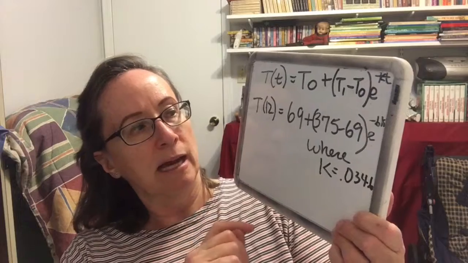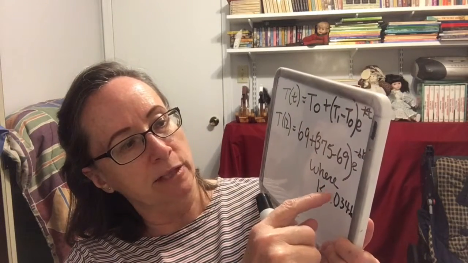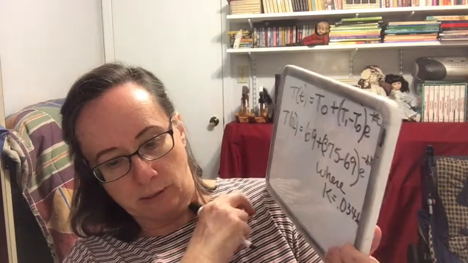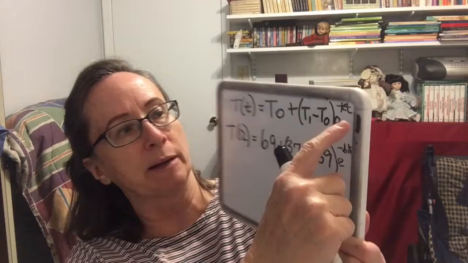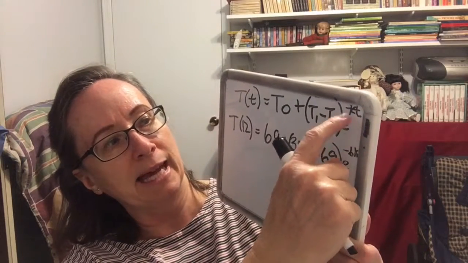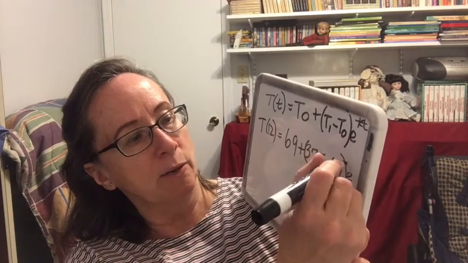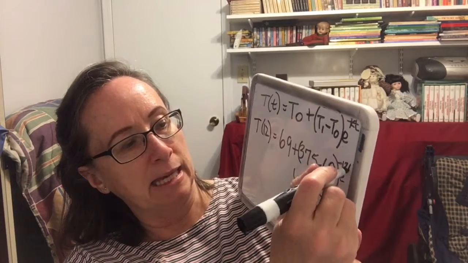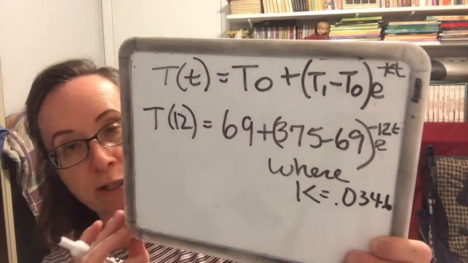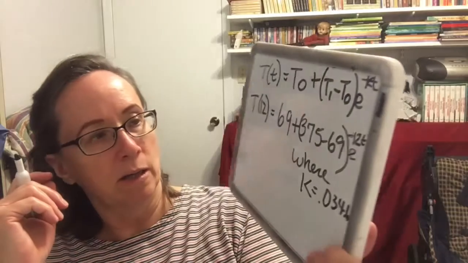So now I'm going to start calculating this out. So negative, oops, it's not 6 anymore. Now it's negative 12. I'm sorry, negative kt, I looked on the wrong board. So it's negative 12t, because now we're doing 12 hours, not 6 hours. Okay, I was looking on the wrong board.